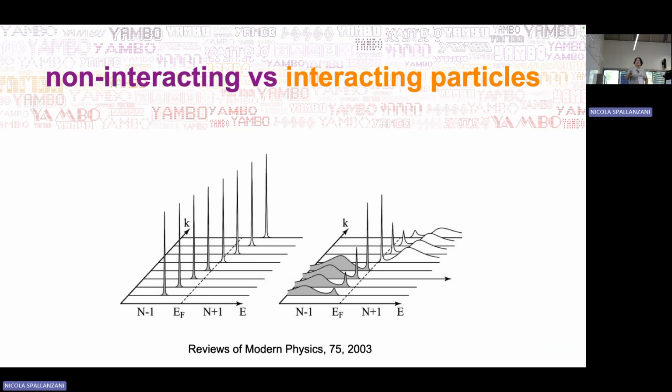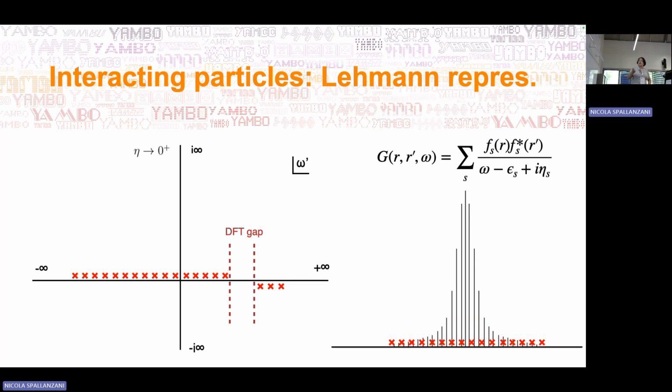and we'll try to understand what the structure of the interacting quasi-particle system means. So let's go back a little bit. We've seen that we can write the Green function. You remember the Green function was written in this Lehmann representation.